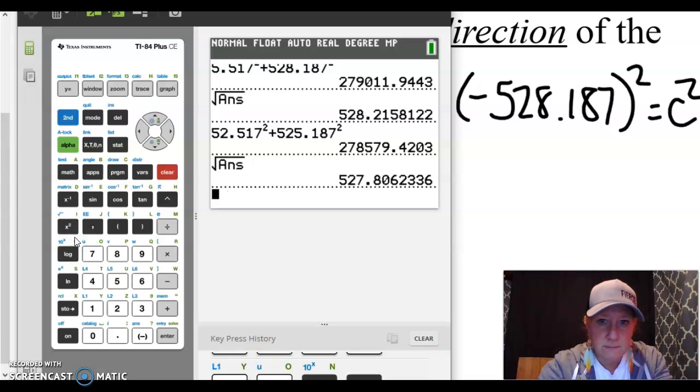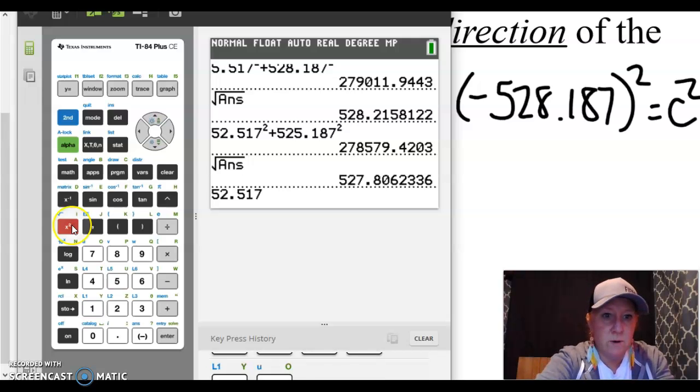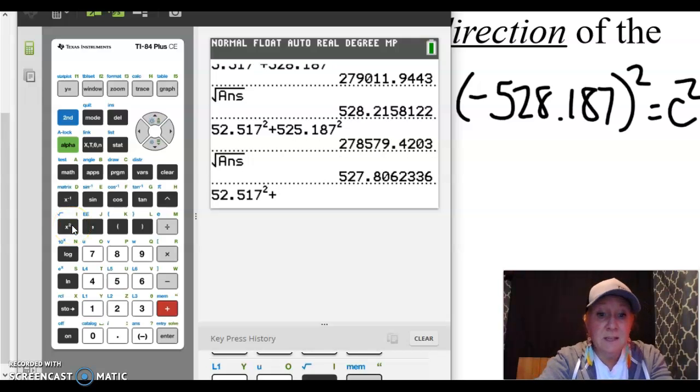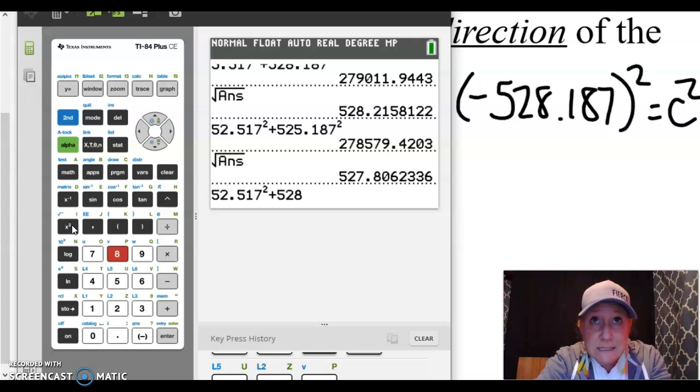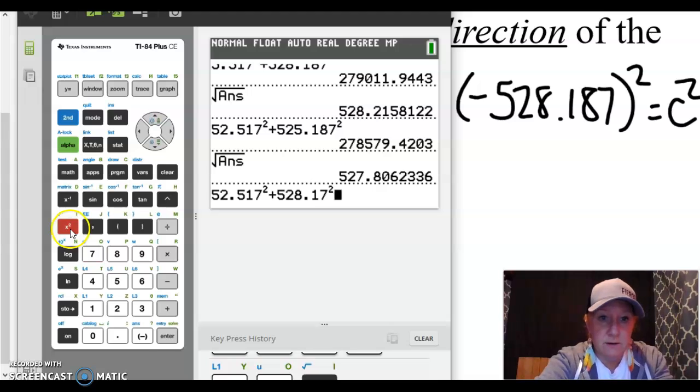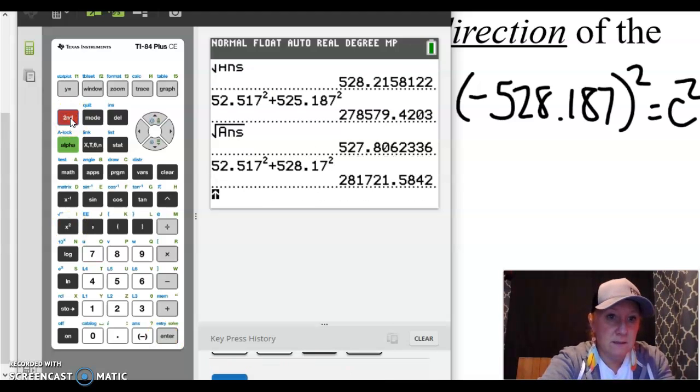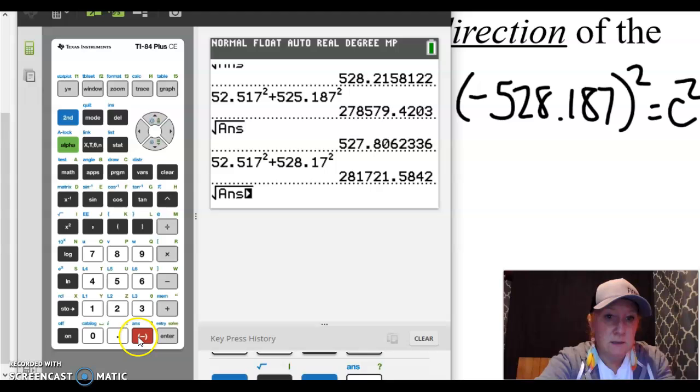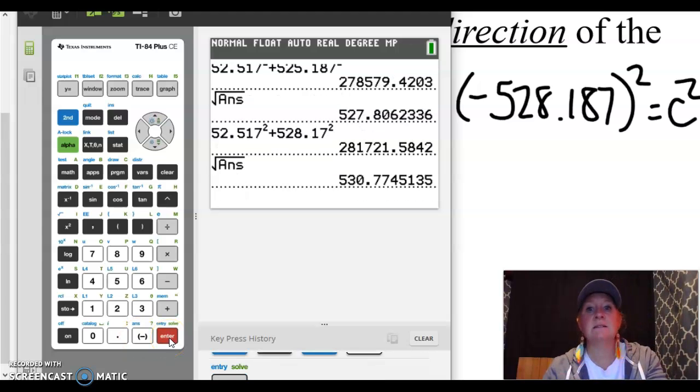52.517 all squared plus 528.187 squared, second square root, second answer. Okay, now am I right? Yes. Finally got what my answer key says.